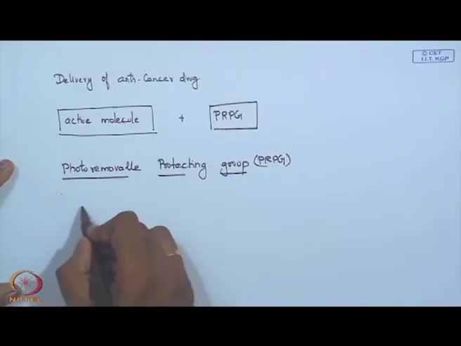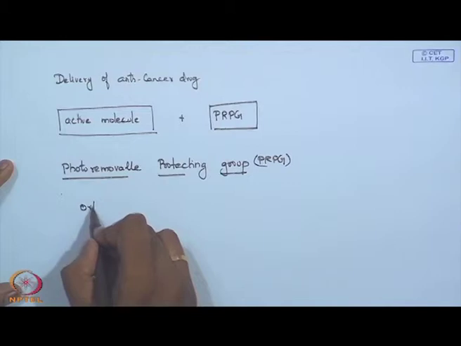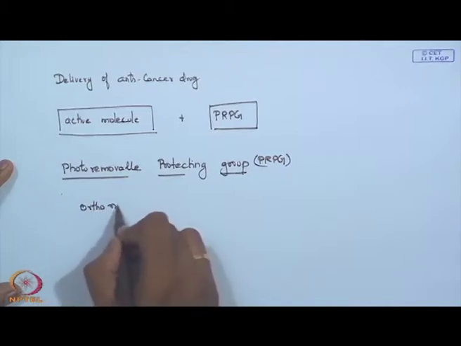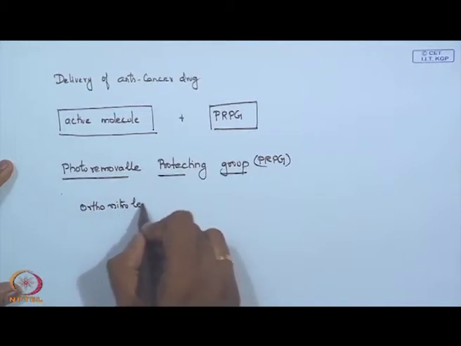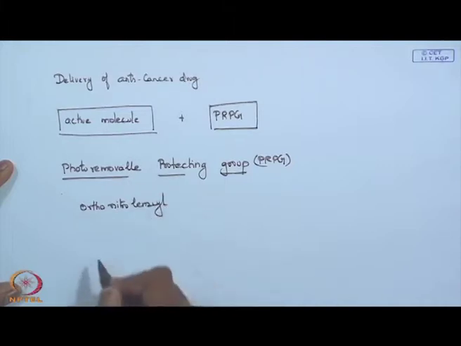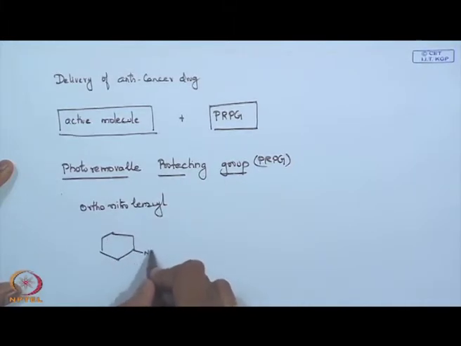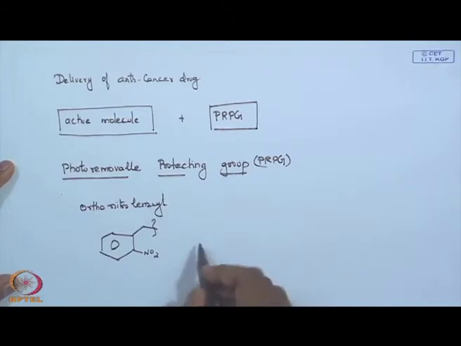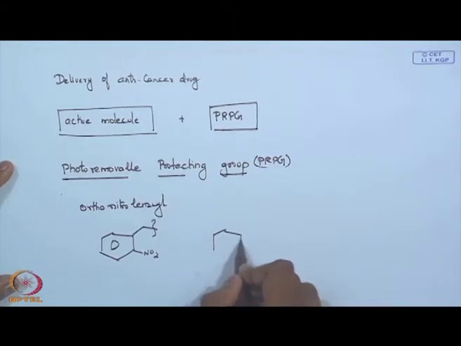You can have an ortho-nitrobenzyl protecting group. This is very commonly used, and then you can have your active molecule here. You can have ortho-nitrobenzyl chromophores; they are very much used. Then para-hydroxyphenyl compounds are used.